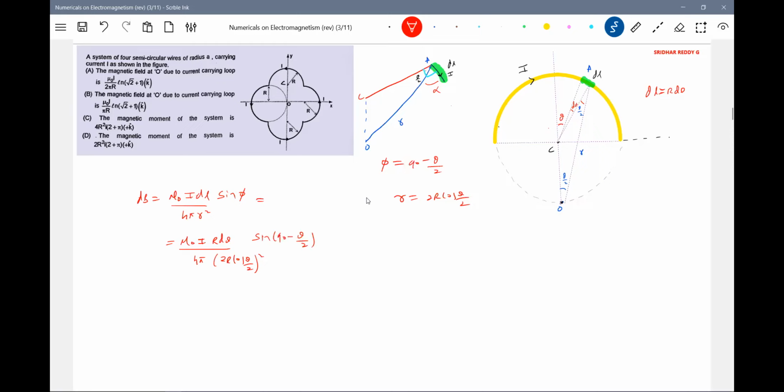This gives mu naught I over 16 pi R, sine of 90 minus theta by 2, which is cos theta by 2, over cos squared theta by 2, into d theta. Anybody, value of this?